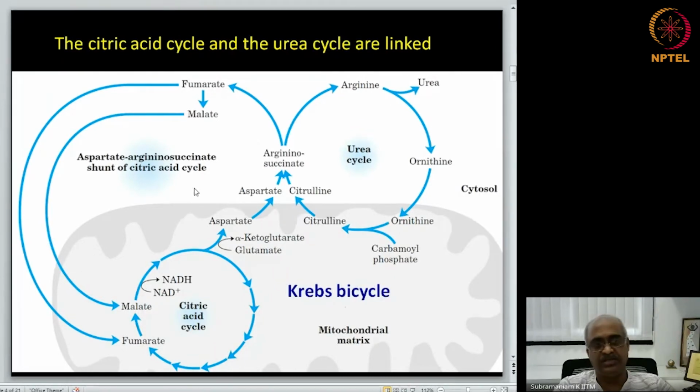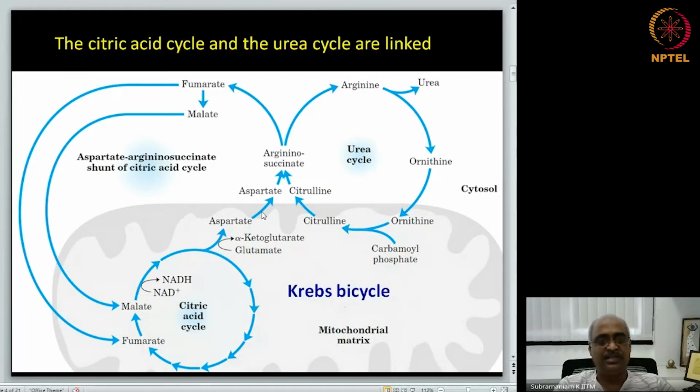This urea cycle, via the aspartate-argininosuccinate shunt, links with the citric acid cycle. Since Hans Krebs discovered both these cycles and the connection, it is often called the Krebs bicycle. Let us see the connection, which is not that difficult. Aspartate enters the urea cycle by combining with citrulline. That is one entry point.